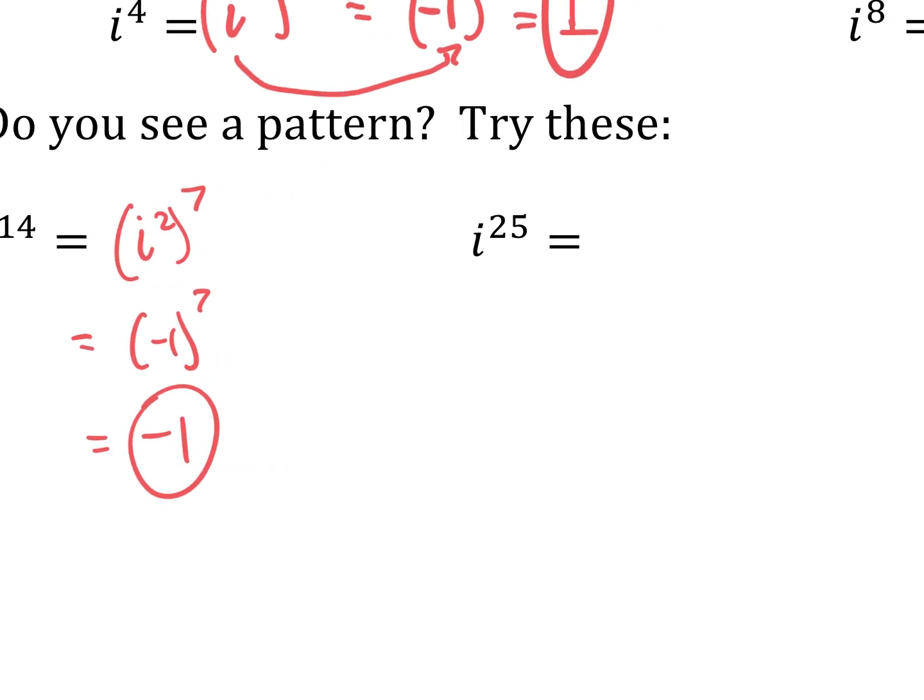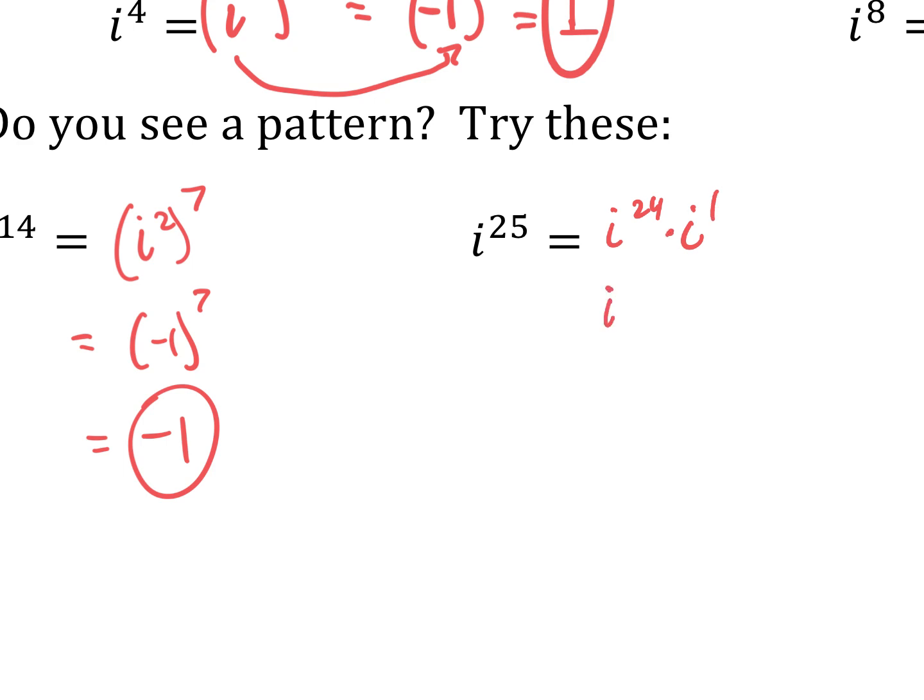Well, how many i squareds do we have here? Well, we have i squared to the 12th. 2 times 12 is 24, right? So let's go first. This is i to the 24th. Because we want i squareds.